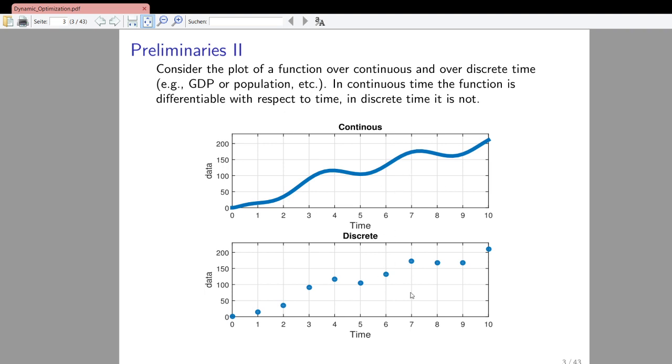Actually, it's the same series. And we see that in the first diagram the function is continuous, there are no gaps, and therefore the derivative with respect to time can be calculated. In the second diagram, we see there are gaps. The function is not continuous, and this would have been necessary for the function to be differentiable with respect to time.